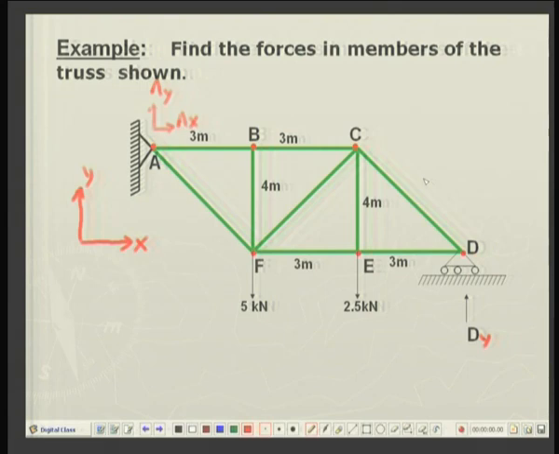Now, start with joint A, draw a free body diagram of all the forces at A, and then for the time being you assume the forces in, let us say, member AB or AF either away from the joint or towards the joint. We can't presuppose that it has to be tension or compression.